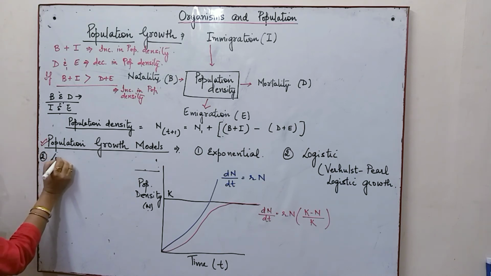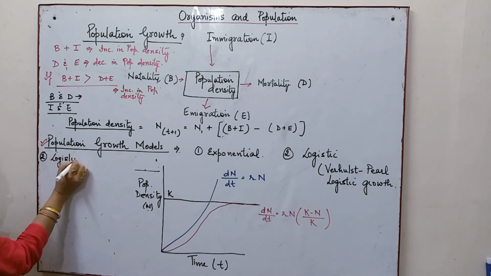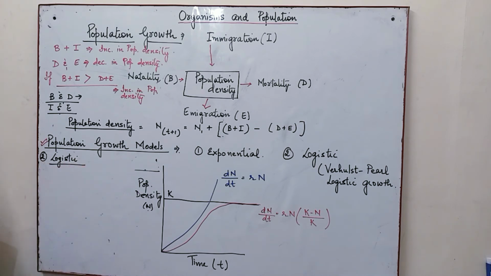It is seen as more realistic as there is no freely available food resource to a particular population or species. Also, the species always faces competition from other species or members of its own species. So it is the more realistic one.